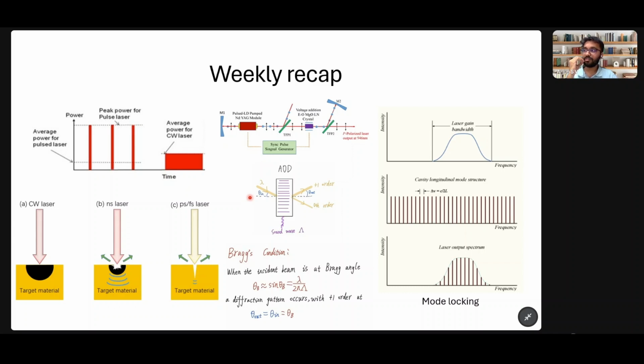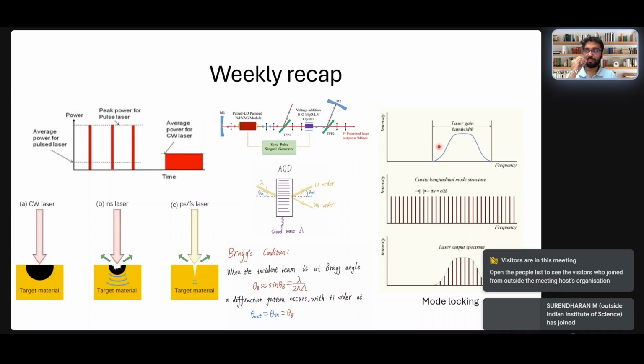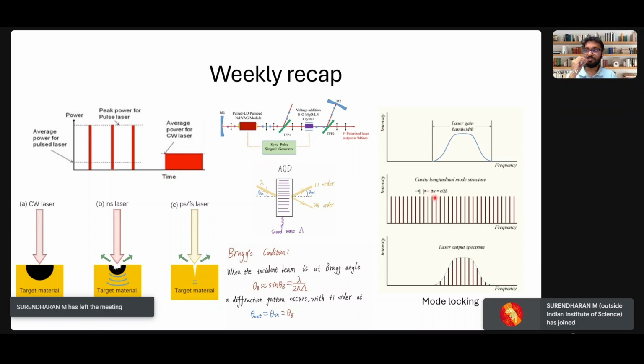And after the process of discussing Q switching, we also saw a process called mode locking, where we saw what mode locking actually means. So basically, like I said before, in the bandwidth of the laser, you will have your laser operating at different frequencies.